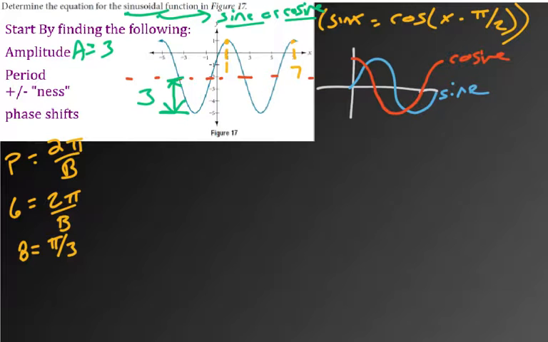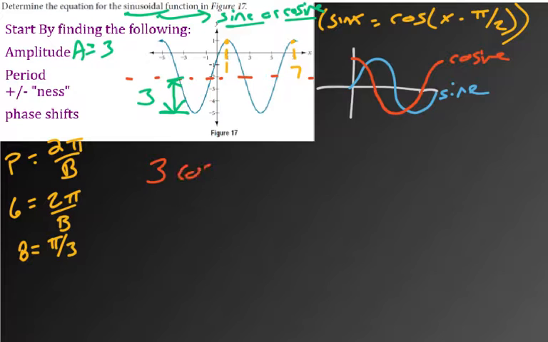And then we also talked about how if I just shift it a little, it'll be perfectly a cosine. I want to shift it to the right to get it over here. So we've got an amplitude of 3.